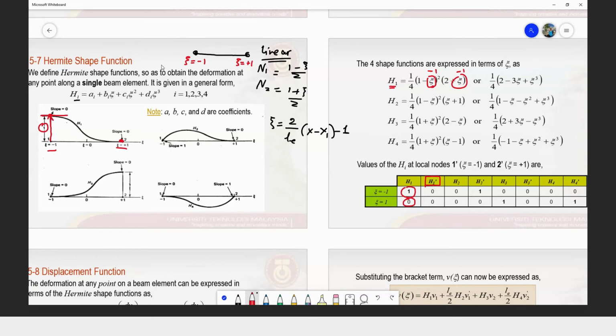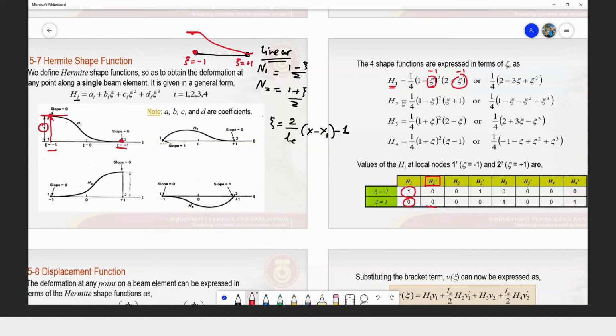Exactly at the node, its H1 prime is already zero. So it means our structure here, before it deforms, is perfectly horizontal. And then right after a little bit, it starts to deform like that. And at the node on the right, where our Z is +1, there is no slope or gradient to the Hermite-shaped function or to our structures.